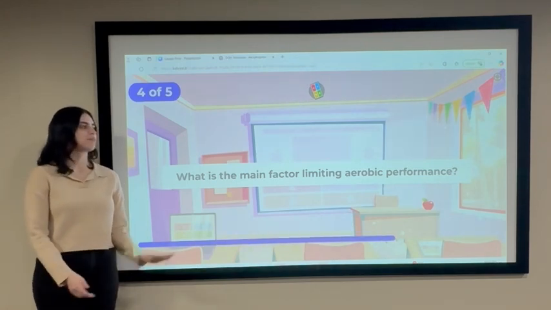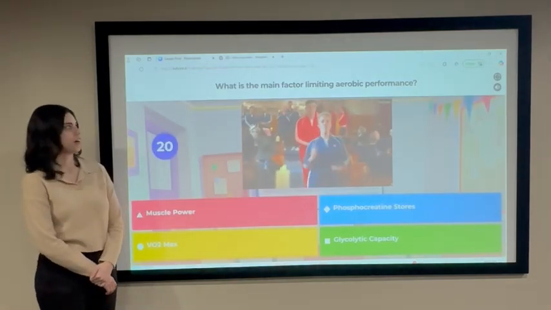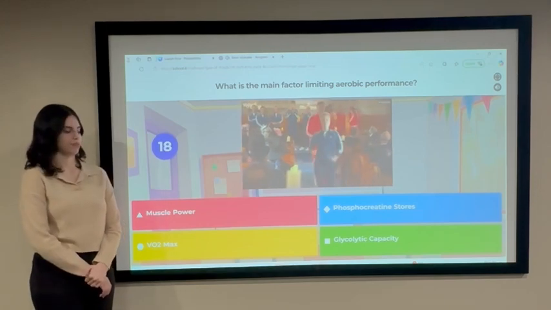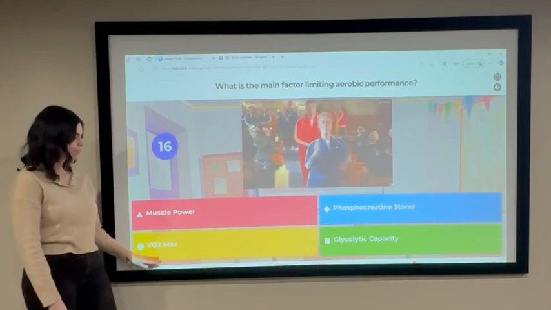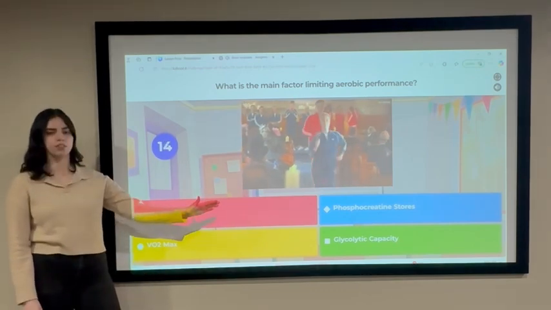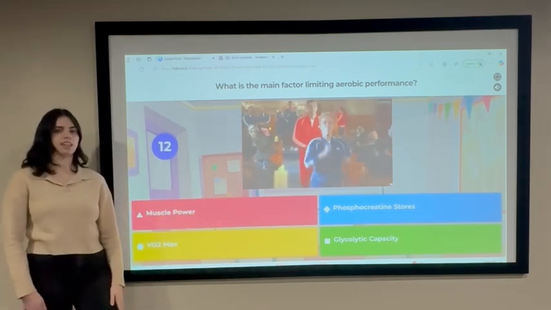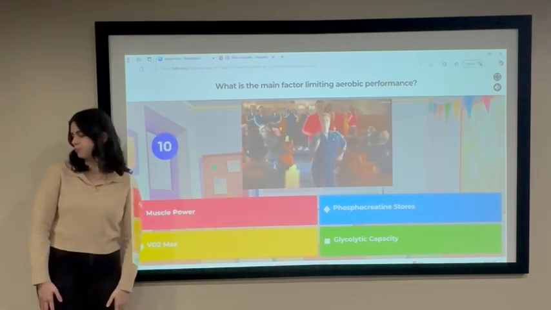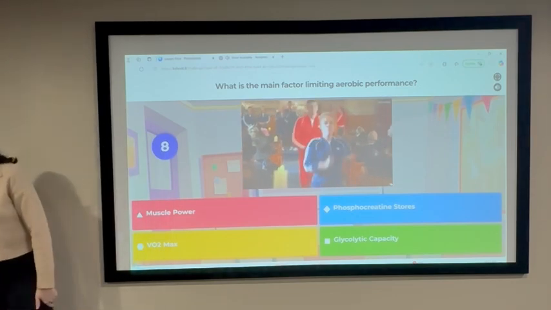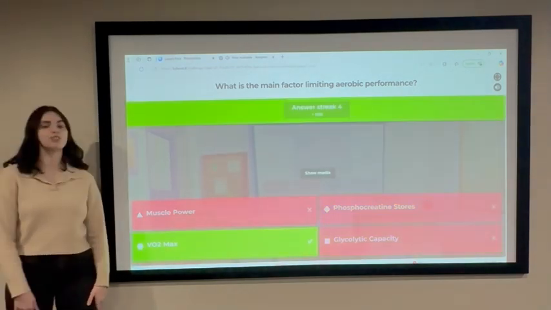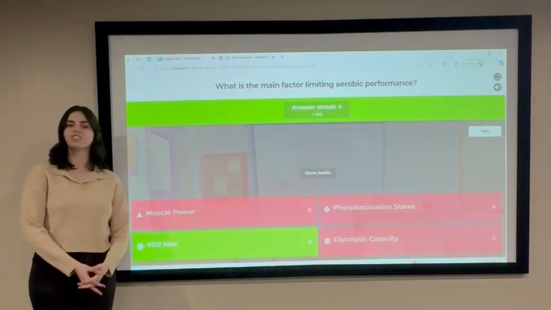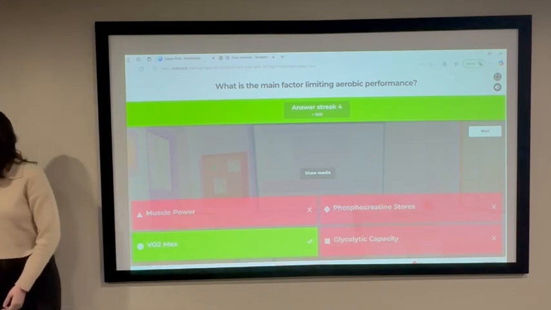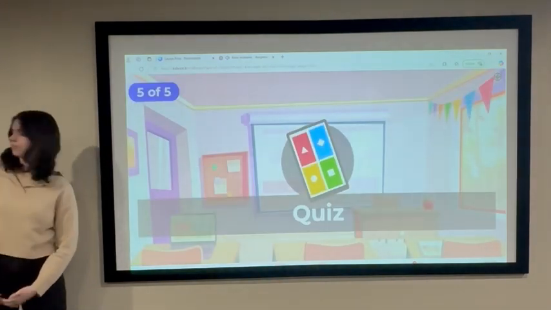Question 4, what is the main factor limiting aerobic performance? We have muscle power, VO2 max, phosphocreatine stores, or glycolytic capacity. If you chose VO2 max, congratulations, you are on a roll.